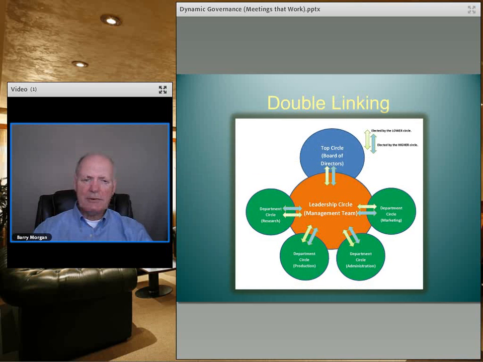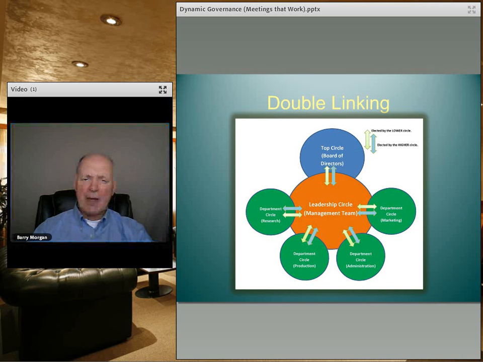Now, what's unique about this style of governance, though, is that in addition to the individual who, in a traditional organization, is appointed or elected by the top circle to lead the leadership circle below them, there's also a second linking in this style of governance, whereby the leadership circle elects an individual who will then sit on the board of directors and carry with them the issues and concerns of the leadership circle.